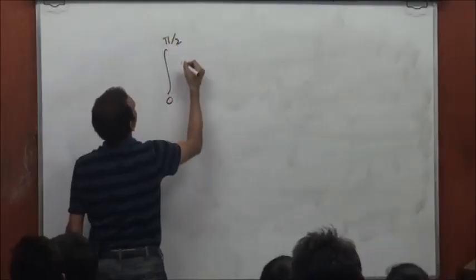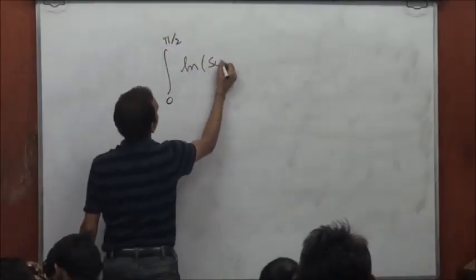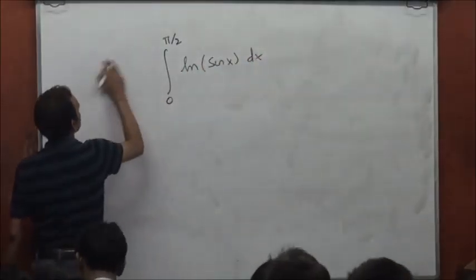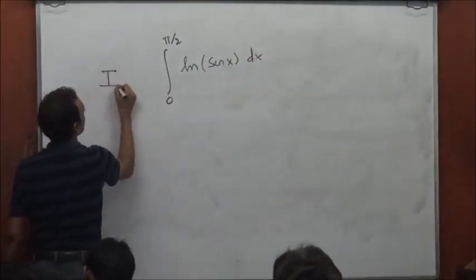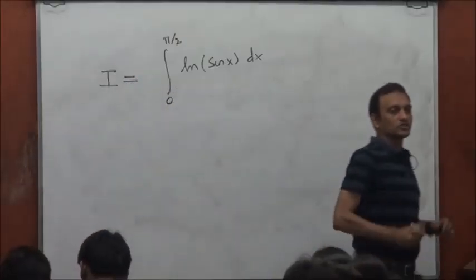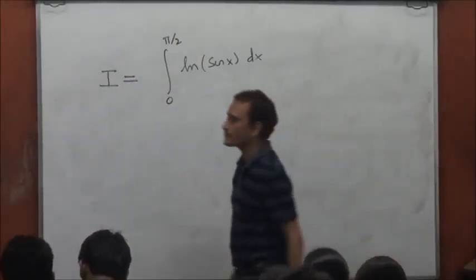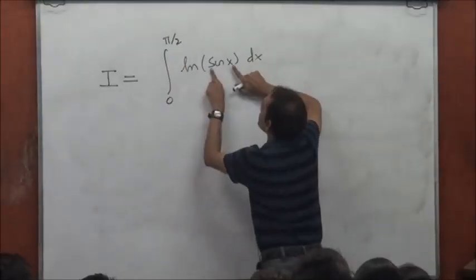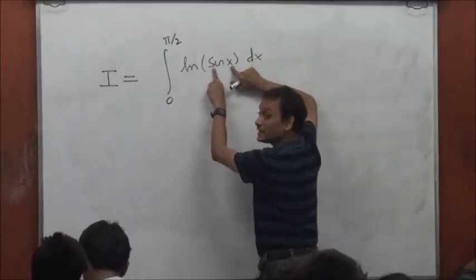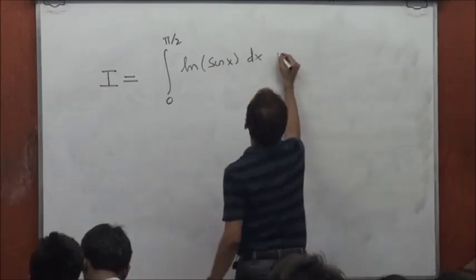Integral 0 to pi by 2 log sin x. Let me find out this integral. Now 0 to pi by 2 log sin x is the same as 0 to pi by 2 log cos x. Replace x by 90 minus x, right?